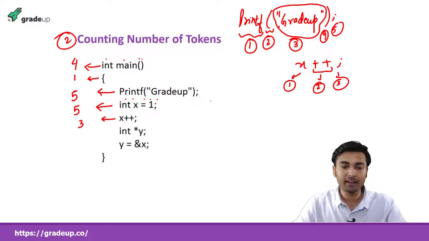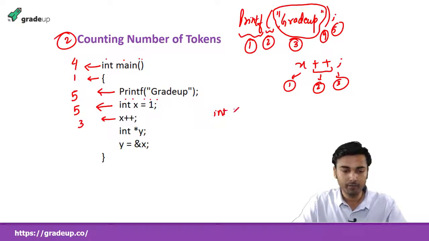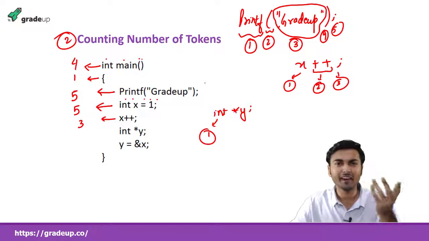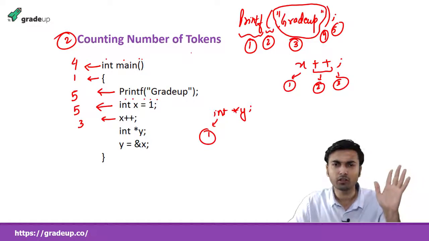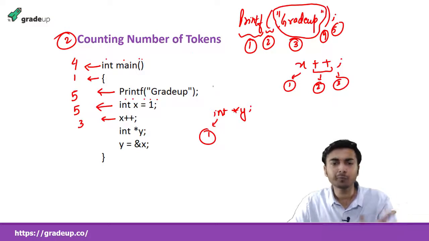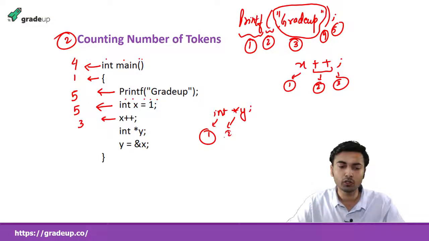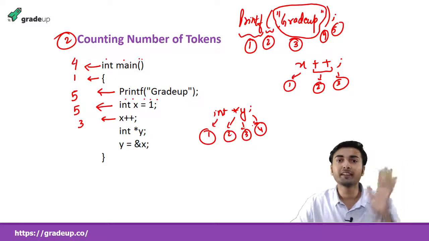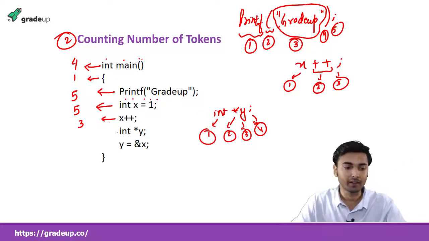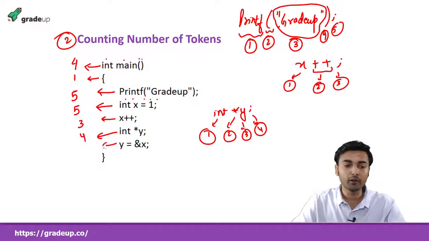Clear? Now int star y. Here 1, star y. Is star y specifically something? No. Star y denotes a pointer, so take it separately. 2, 3, 4. It does not become any keyword or any operator, that's why separately. 4.